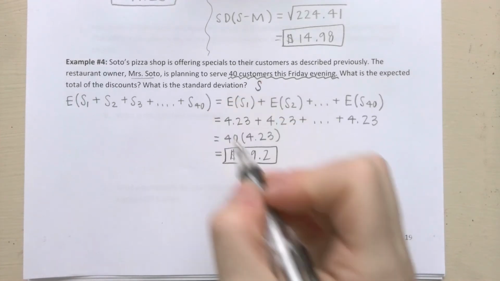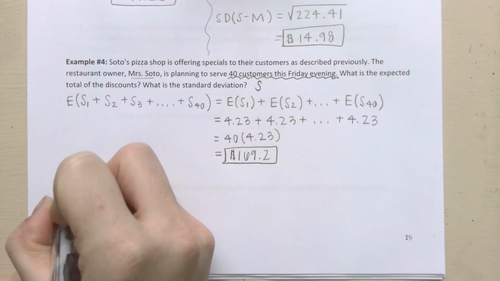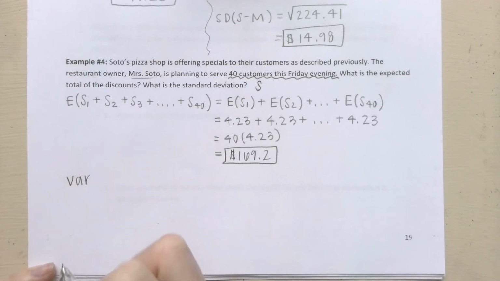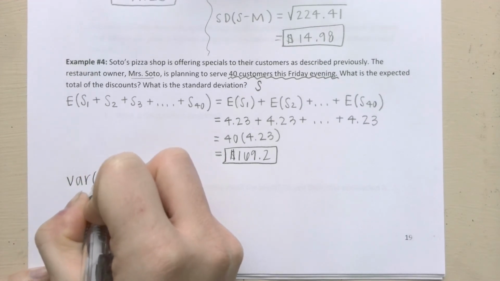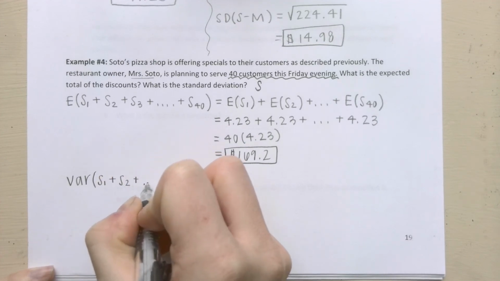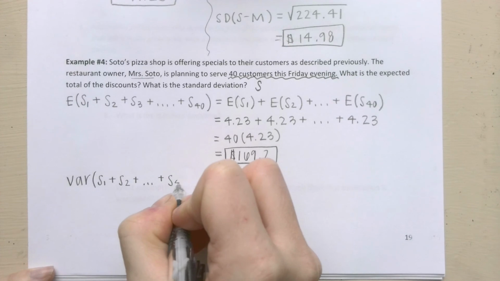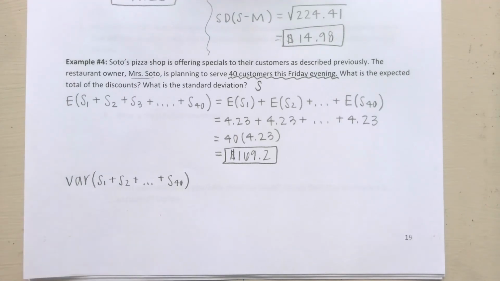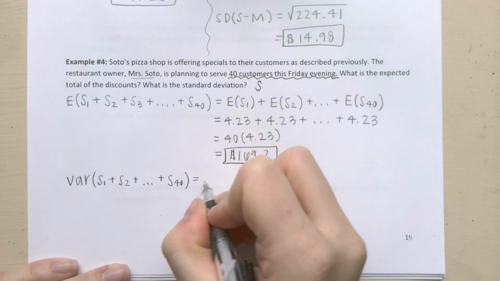Okay, we also want to find the standard deviation. Again, before standard deviation, we always need variance. And I'm using that same idea here, that I have these 40 separate customers, meaning I have 40 separate random variables. And remember that variances are always adding. This one is already addition, so I don't have to think too hard.